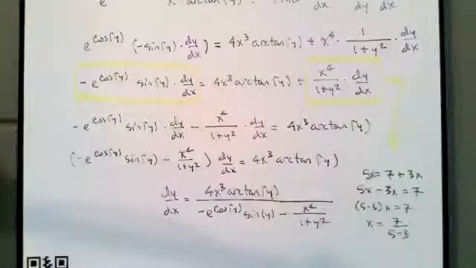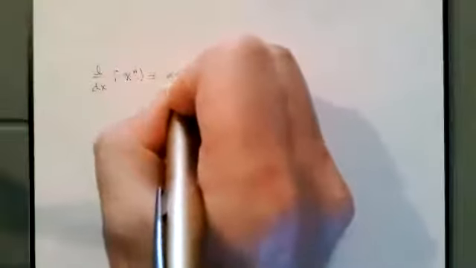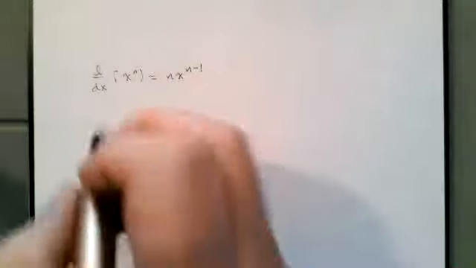So the big idea is that the chain rule, when we take a derivative, let's start with the base idea. We know that the derivative with respect to x of, say, x to the n is equal to nx to the n minus 1. And so we know how to do this, right?